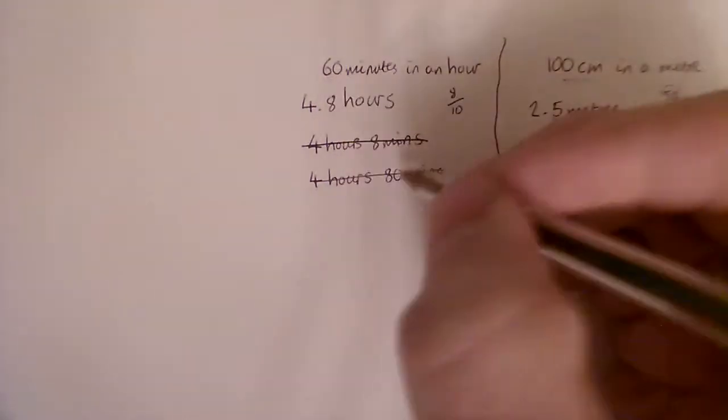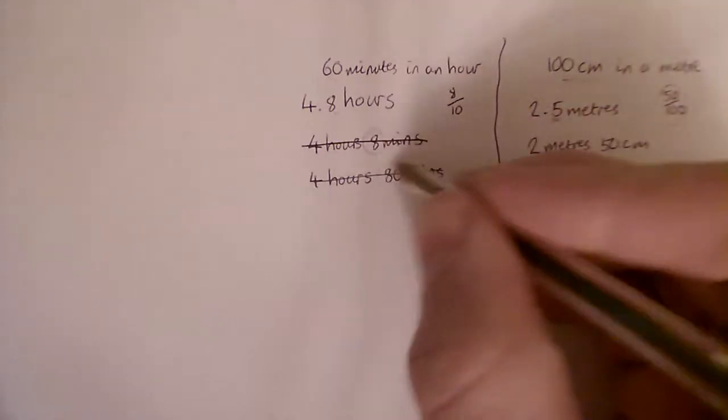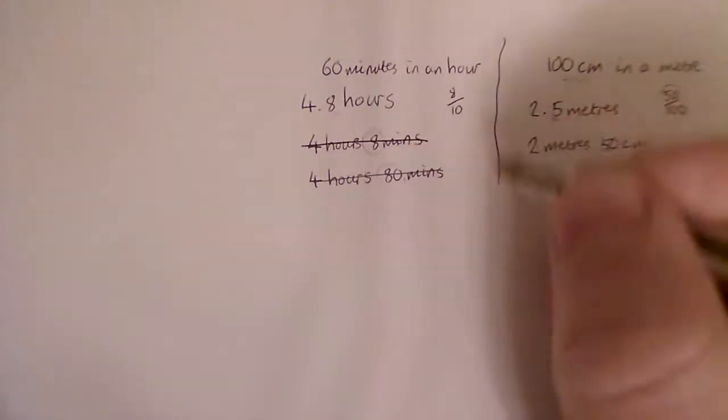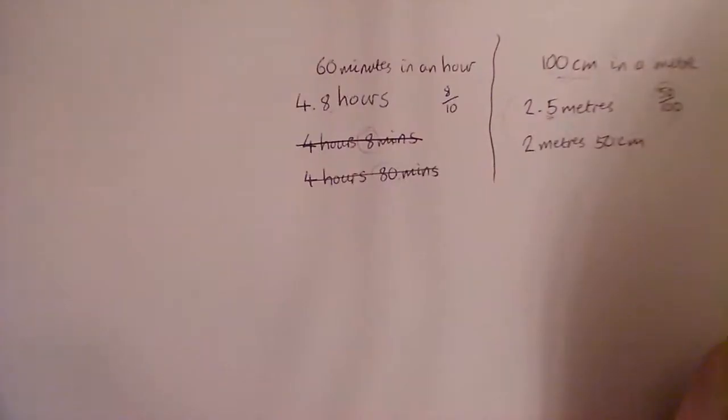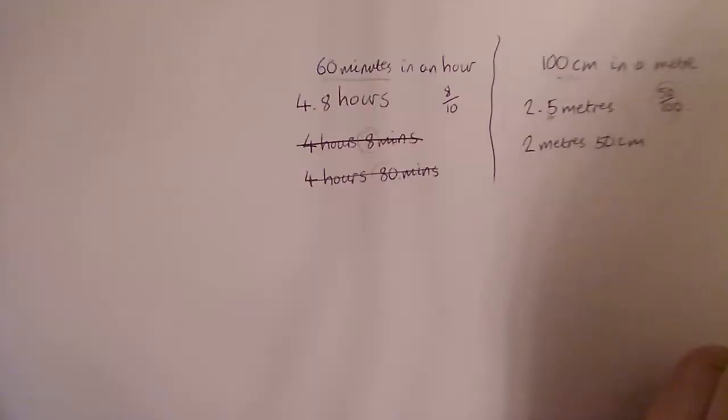But if we were wanting to turn it into minutes, well, this one would be 8 out of 60, and this one would be 80 out of 60. And so it doesn't work the same. So we've got this problem with out of 60, and we're going to learn how to deal with that. So let's look at a few quick examples of how we can do this.